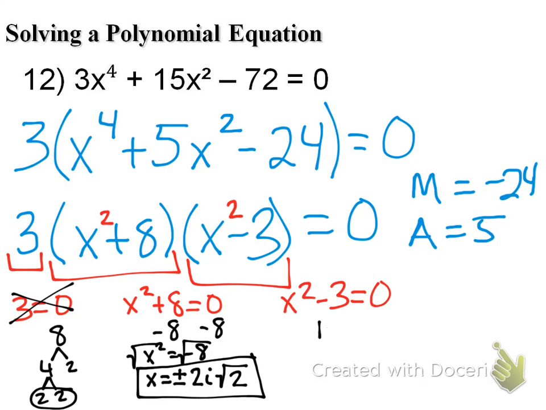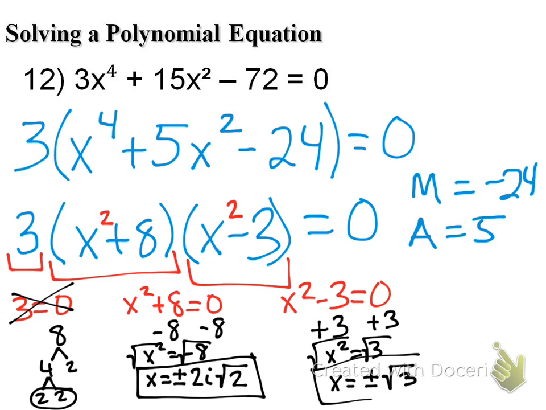All right, I need to do the same thing for the 3. So I have x squared equals 3. Take the square root. x equals plus or minus. You can't simplify the square root of 3, so I just leave it square root of 3.